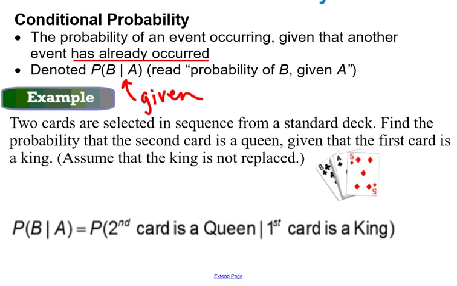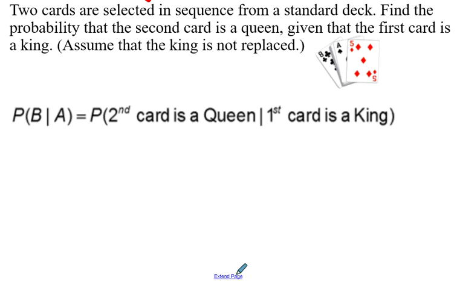So here's an example. Let's say 2 cards are selected in sequence from a standard deck, sequence meaning back to back. Find the probability that the second card is a queen given that the first card is a king. So 2 cards are being pulled out of a deck. What's the probability the second card is a queen given the first card is a king?